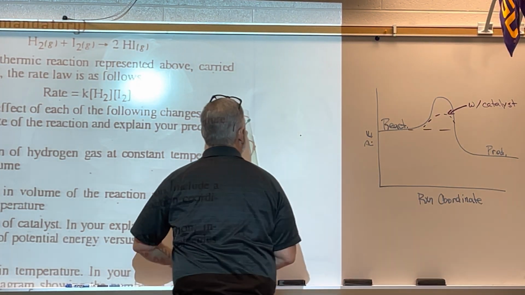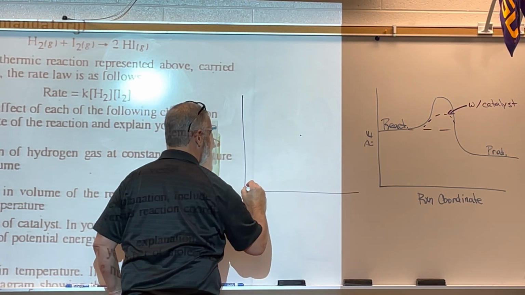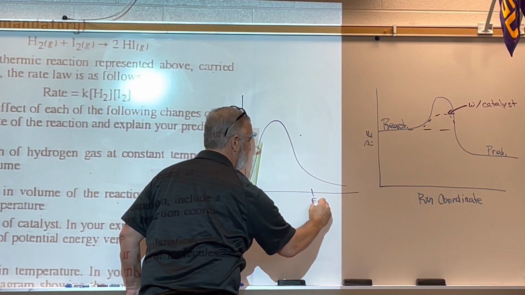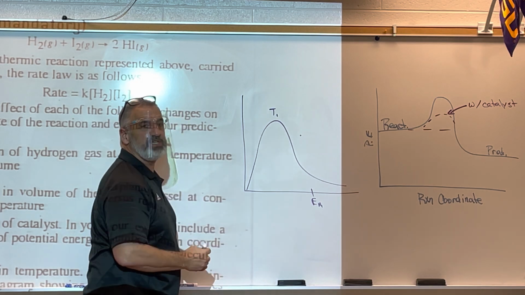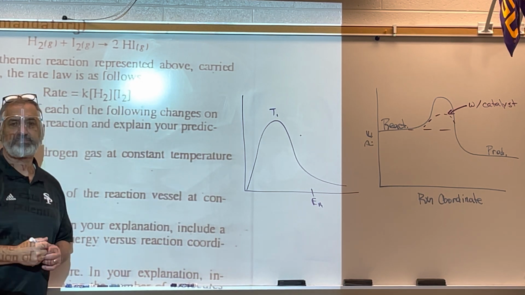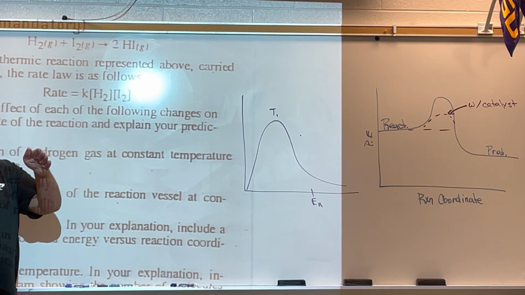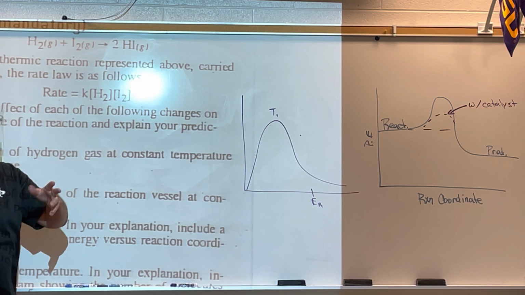So this time I would draw this graph, and at T1 it's going to look like this, and here's EA. And if I increase the temperature to some new temperature T2, what's going to happen? It's going to flatten out and spread out, because the area under the curve is the same, just a bigger range.